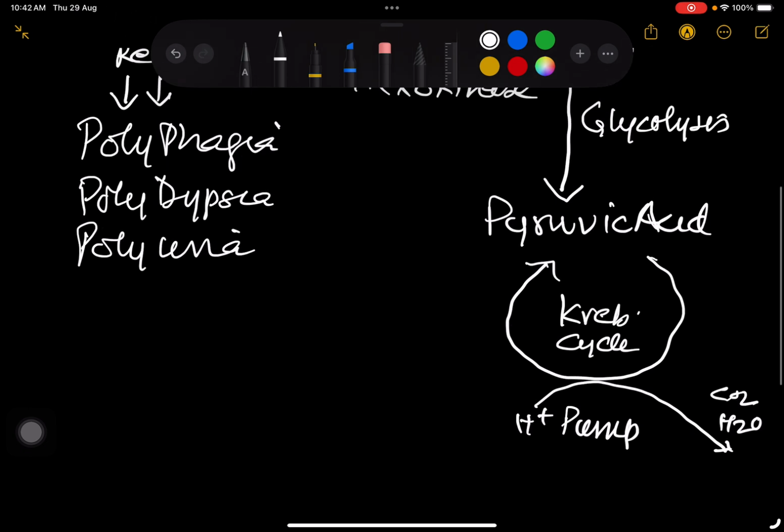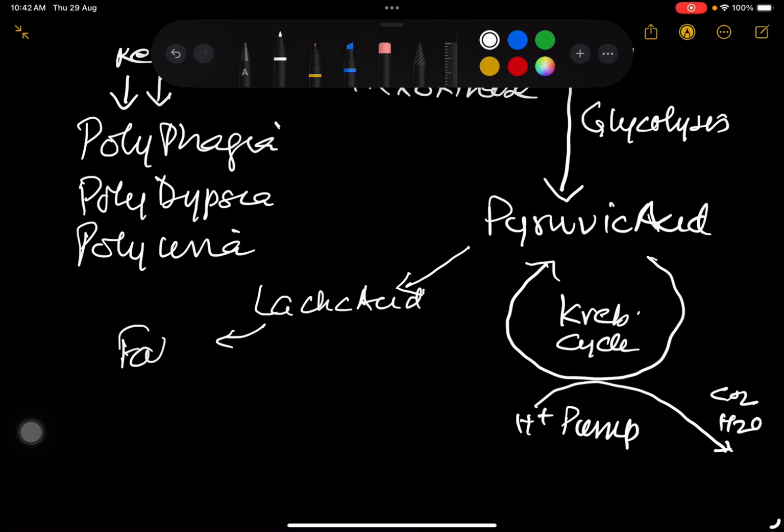Now the next thing that happens is that this pyruvic acid will get converted into lactic acid, which accumulates in the muscles and can cause fatigue.